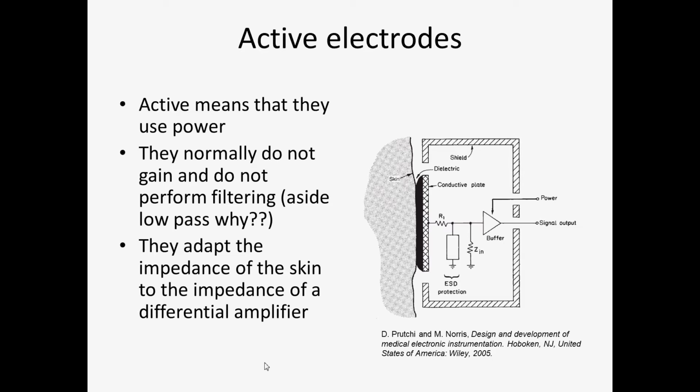Obviously, I'm not delving into the details, but you just have to understand. And every time they give you electrodes or probes of an amplifier and they say those are active electrodes, make sure that they are powered. Because the amplifier is inside the electrodes, and as now you know, amplifiers don't work if you don't power them.